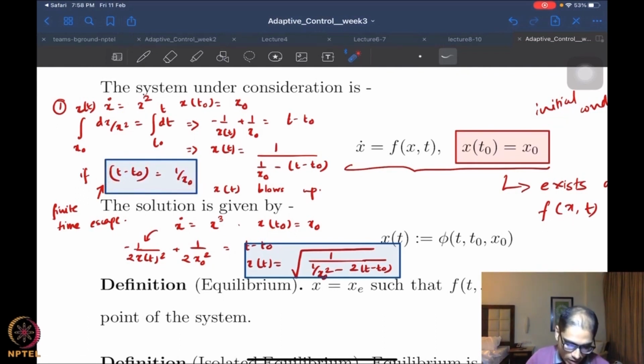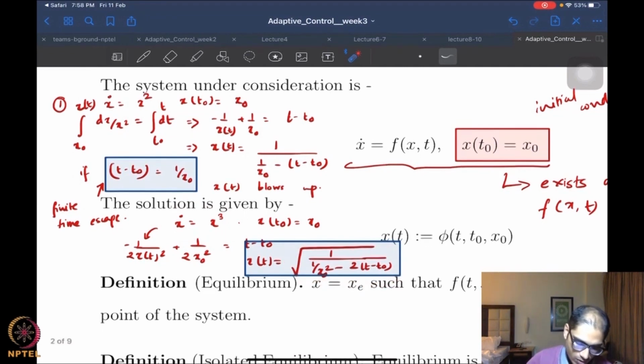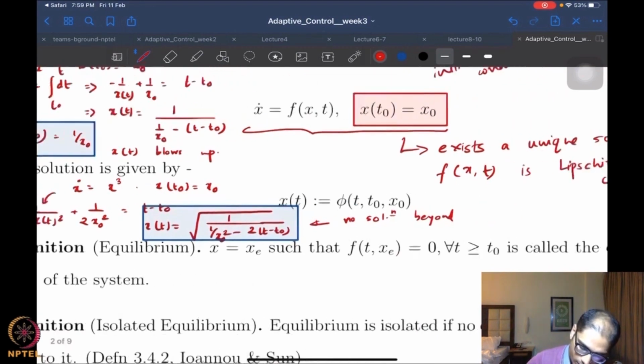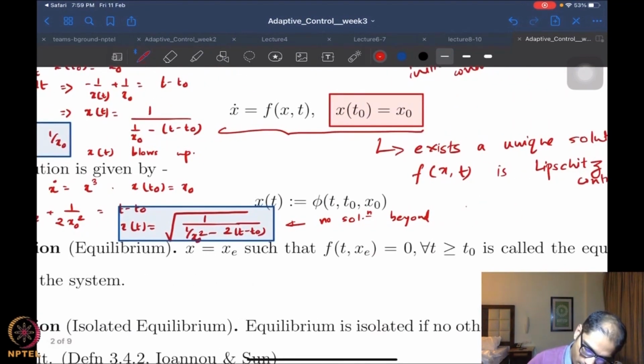But as soon as I change the power to x cubed, for example, I get a square root here. So in this case there is no solution beyond t minus t0 equal to 1 over twice x0 squared.